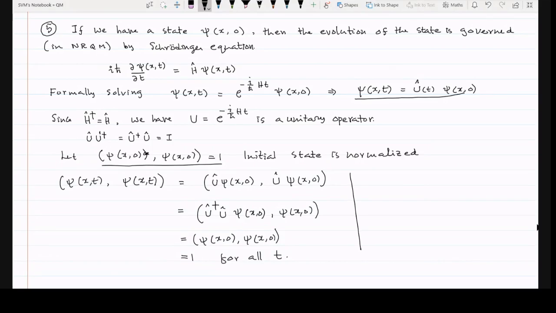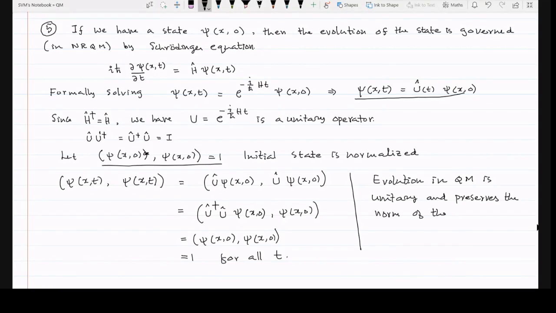So you can see that the evolution in quantum mechanics is unitary. That means change in time is a unitary transformation. Evolution in quantum mechanics is unitary, and unitary evolution preserves the norm of the states.